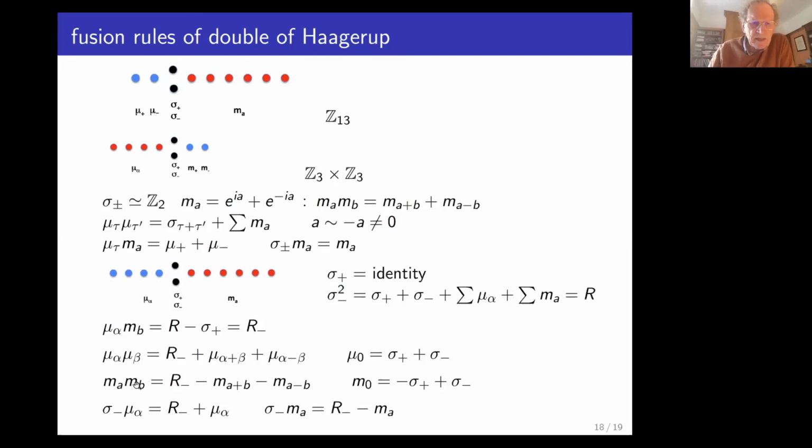If I multiply two m's, there's a kind of supersymmetric concept coming in where I don't add them, I have to subtract them.